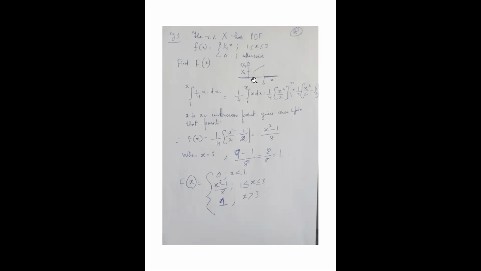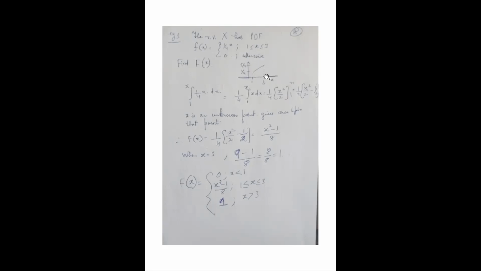Then from 1 to 3, it is x by 4. When x is equal to 1, it is 1 by 4, and when x is equal to 3, it is 3 by 4. So on the y-axis, this line will go as a straight line from 1 by 4 to 3 by 4. And beyond 3 also, the probability density function is 0.